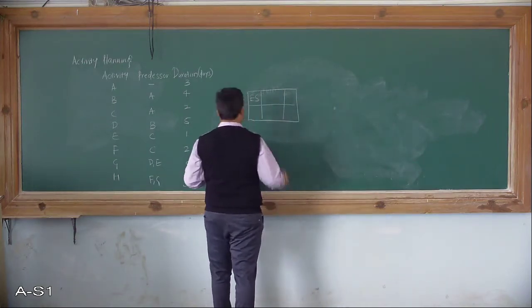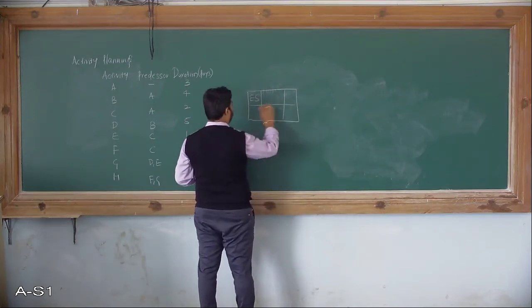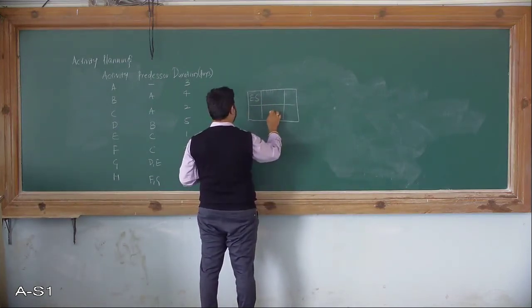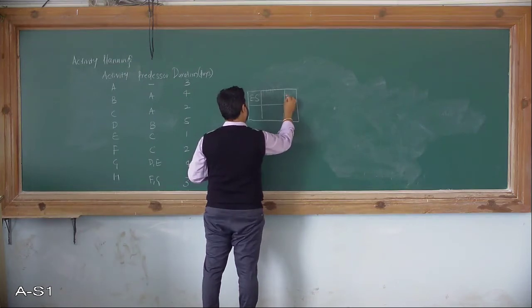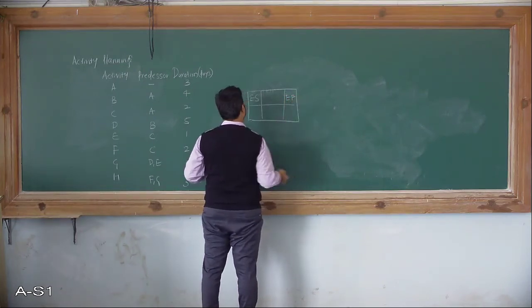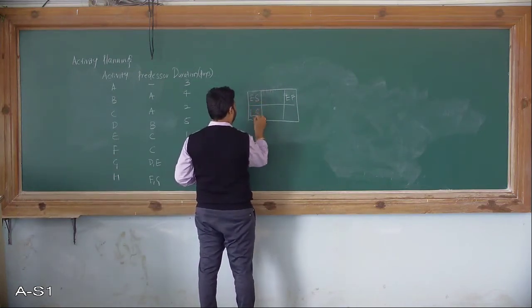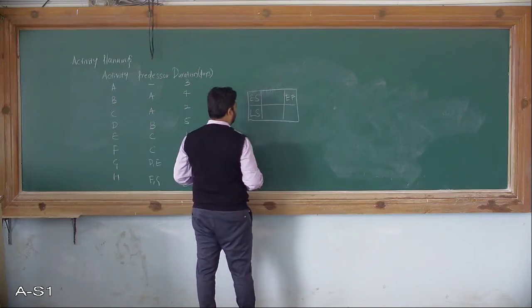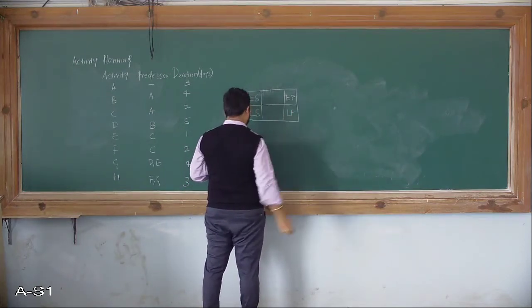The first box in the first row belongs to early start. The last box in the first row indicates early finish. The first box in the second row indicates late start, the latest start. Then this will be late finish.